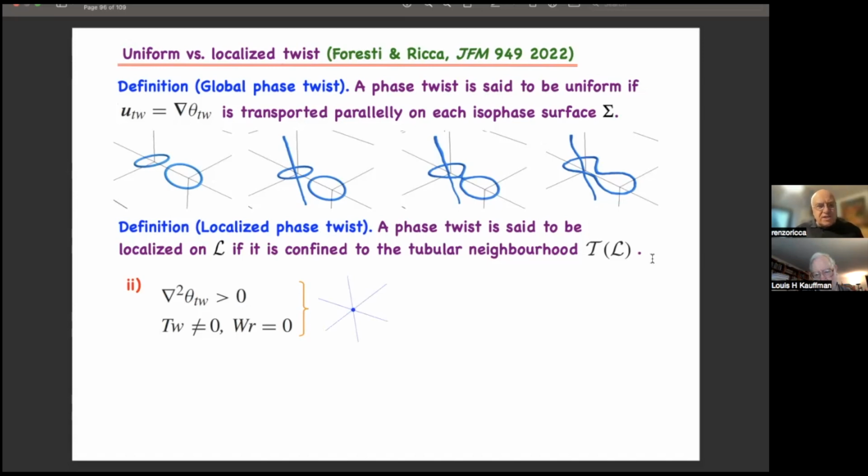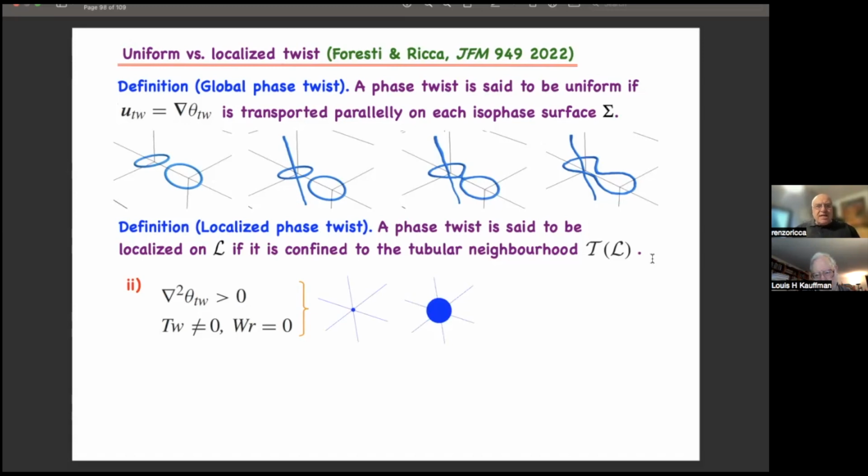There is no twist. Again, imagine that the defect goes through your screen, so it's normal to the screen. But now let's zoom in and go very local to the defect. We are going local.